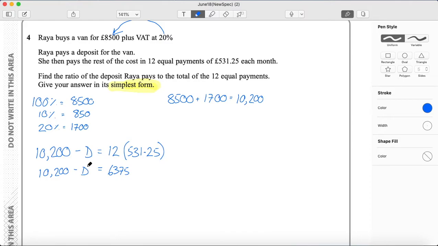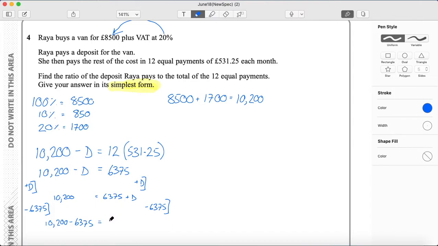So what we can do is add D to both sides. Gives us 10,200 and 6375 plus D. And if we take away 6375 on both sides, that will give us 10,200 take away 6375.